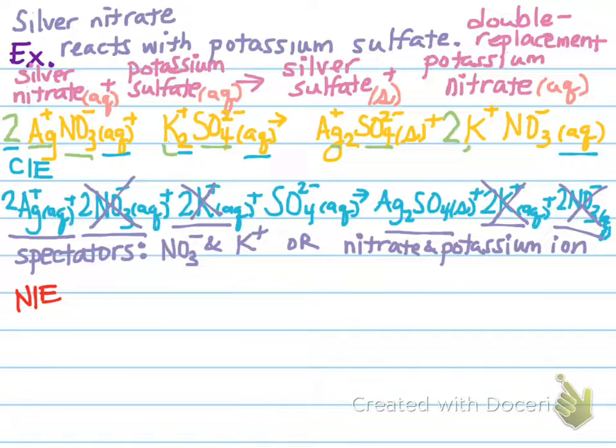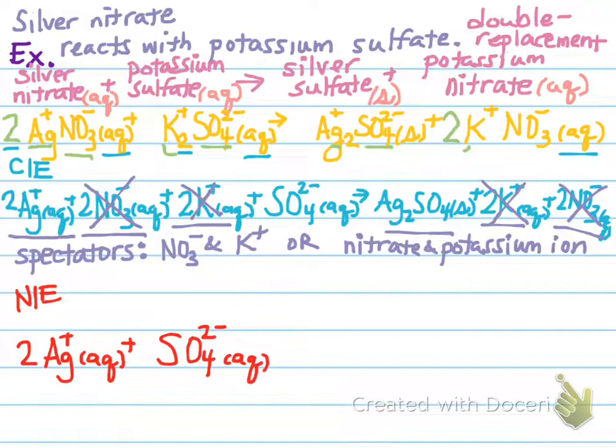So our net ionic equation is 2Ag+ aqueous plus SO4-2 aqueous yields Ag2SO4 solid.